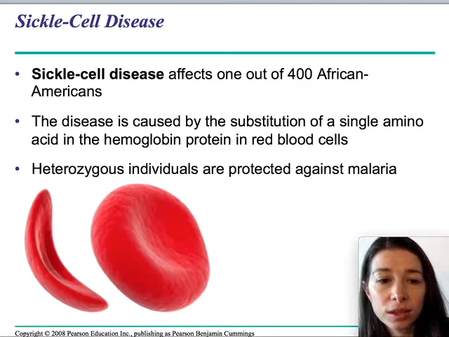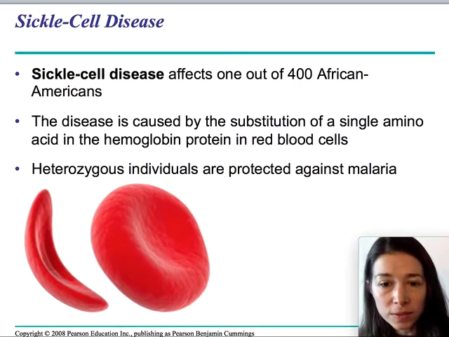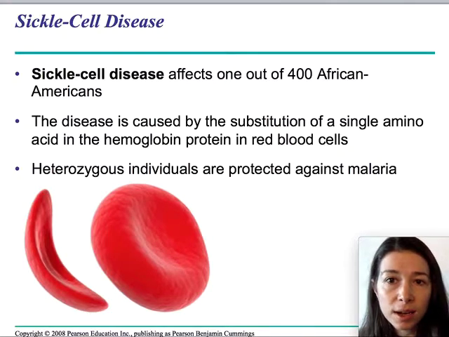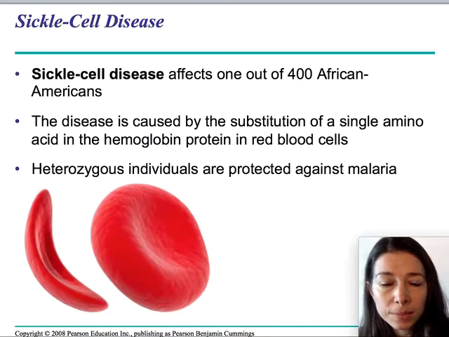So you can see here on the image on the left, we have a sickled blood cell and a normal blood cell. If you have sickle cell disease, it has a fairly poor outcome for the individual. They struggle to bring oxygenated blood to all of their systems and organs, and this causes a lot of stress physically.